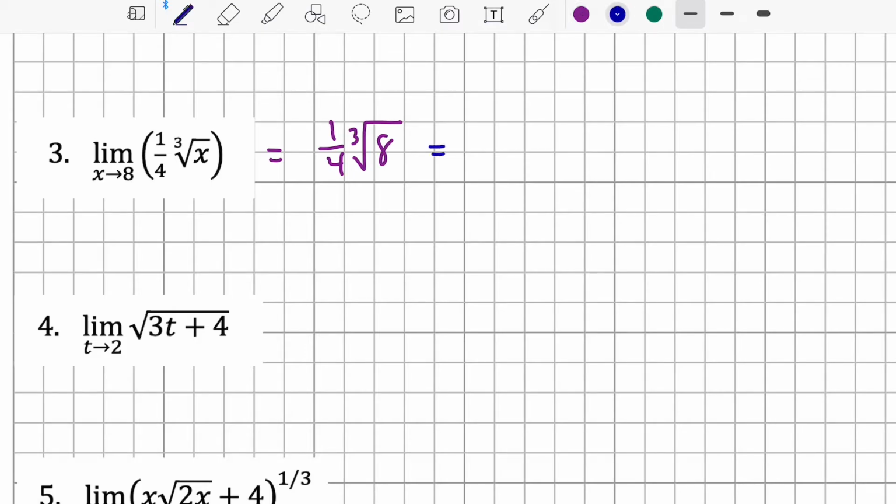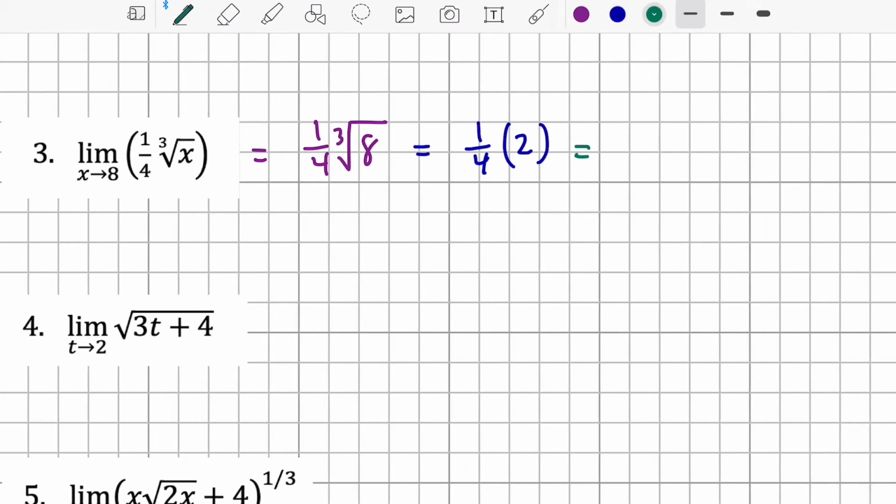So now first we evaluate the cube root of 8. Cube root of 8 is 2. So now in reality we have 1/4 times 2. Well, 1/4 times 2 is 2/4, which becomes 1/2. And that is the limit.